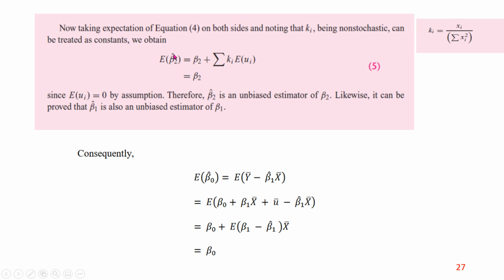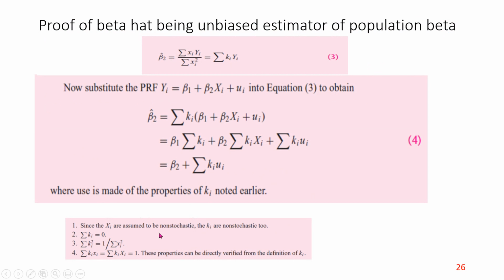So the expected value of beta 2 hat is equal to beta 2 plus the sum of ki times the expected value of ui. You see, expectation is not applied on ki because we just said that ki are non-stochastic, that they are fixed values. Because the x's are fixed, the ki's are also fixed weights.